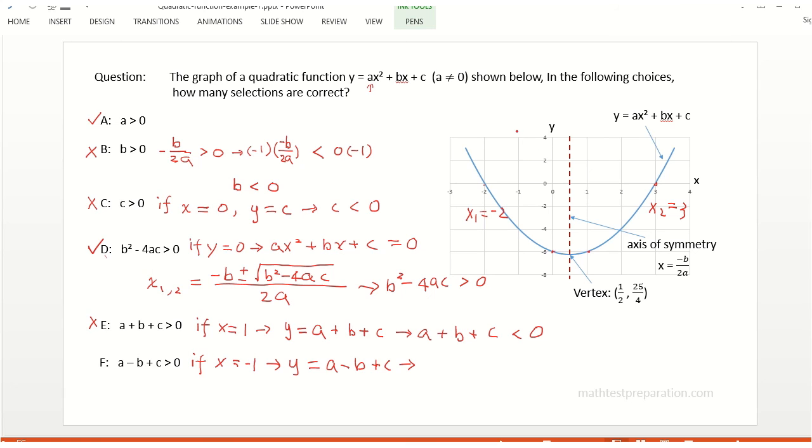X equals negative 1 is this line. This line intersects with the graphic at this point. This point corresponds to y equals negative 4. So a minus b plus c is negative, which is less than 0. So choice F is not correct.